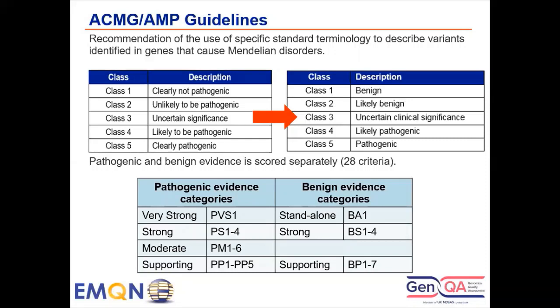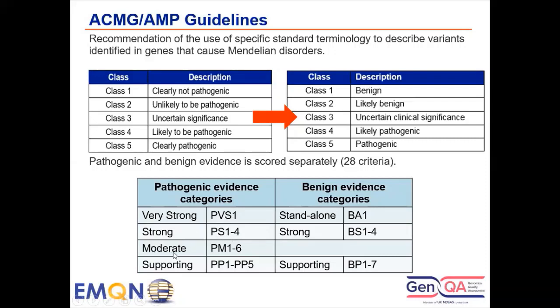So we have some arguments that are very strong, and this helps you to classify it as a pathogenic variant. These are called PVS, which means pathogenic very strong, criterion 1. In the strong category, we have 4 criteria, pathogenic strong, criteria 1 to 4.